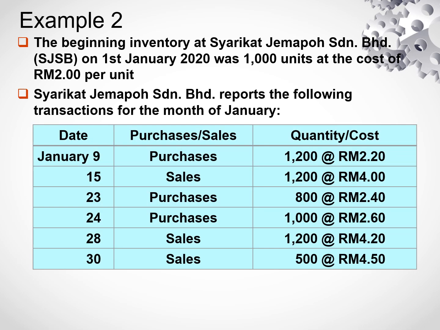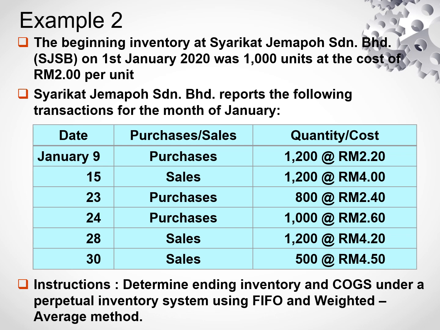On 9 January, 23rd and 24th are purchases transactions, while on 15, 28 and 30th are sales transactions. Instruction: determine ending inventory and cost of goods sold under a perpetual inventory system using FIFO and weighted average method.